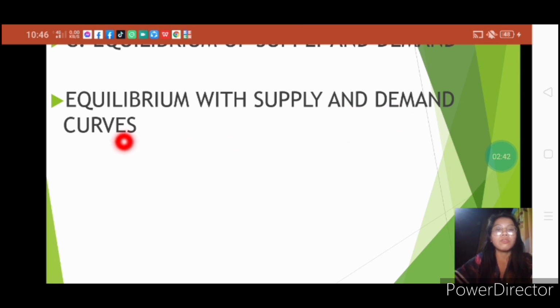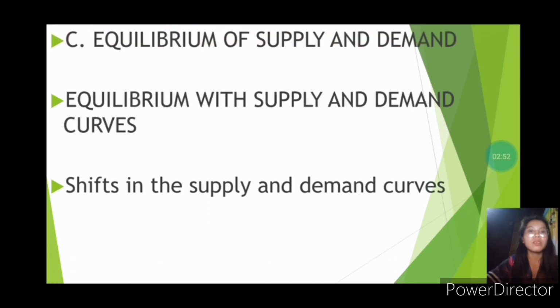So therefore, there are no shortages or surpluses at the equilibrium price. Next is the shift in the supply and demand curves.